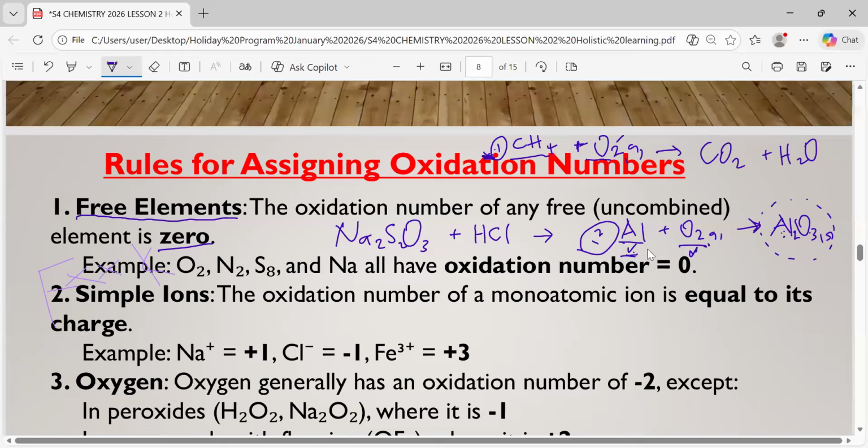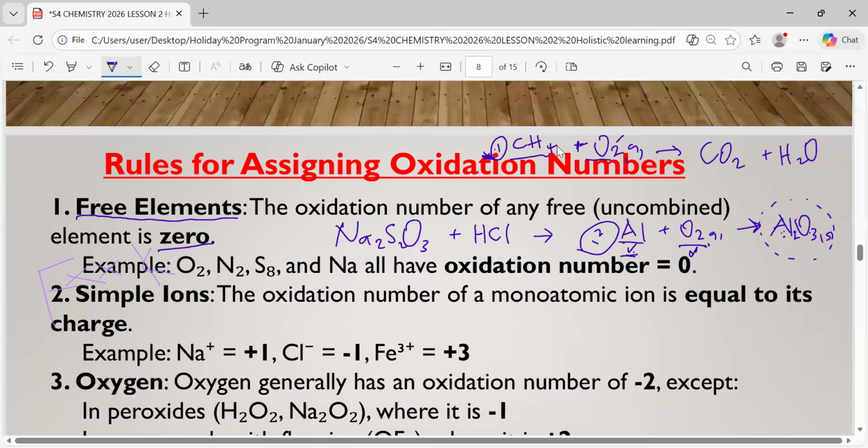Okay. So what I understand is that a free element has its original electron configuration. In simple terms, if it is a free element, it is not attached to any other element. It is that element and that element alone. Are we there? Yes. For example, in the first equation, you say that oxygen is a free element. Why didn't you say methane is a free element? Because it's a combination of carbon and hydrogen.